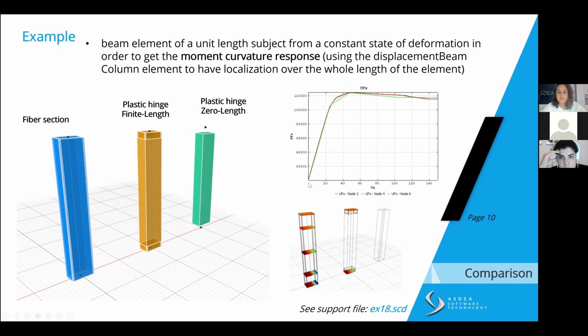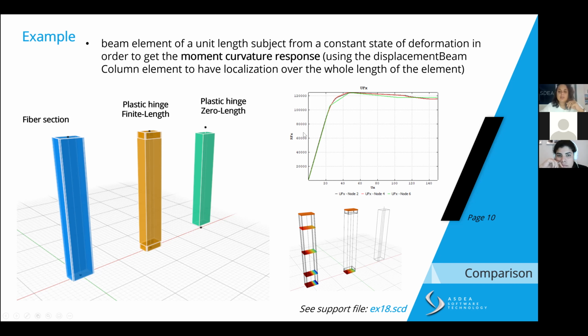If you see here, the continuous curve is the distributed approach, then we have the red curve that follows that distributed approach, which is the finite length one, because with that kind of distributed but lumped inelasticity, we can still capture something more smoothed.